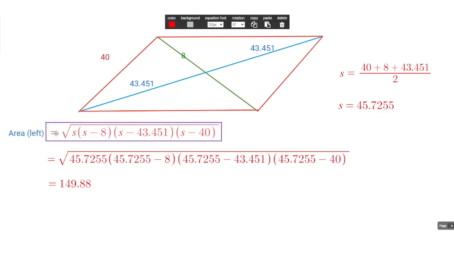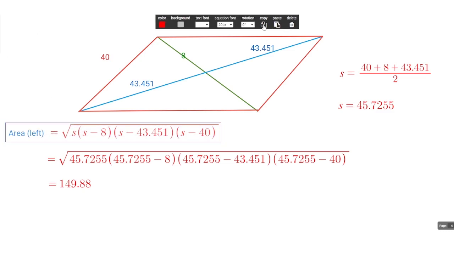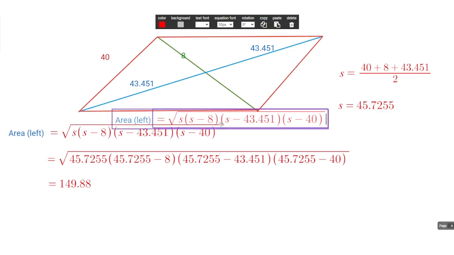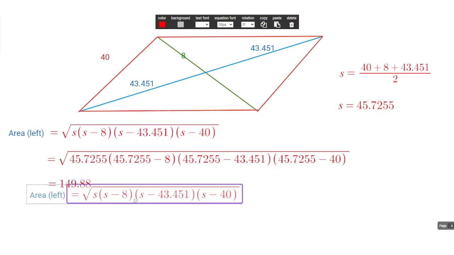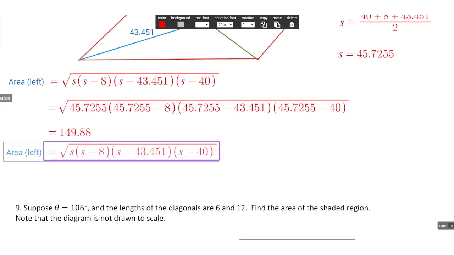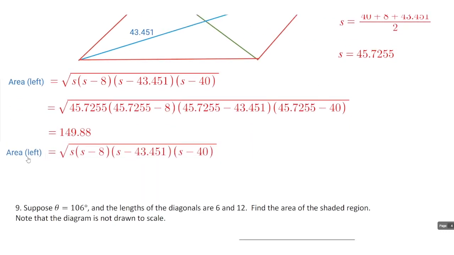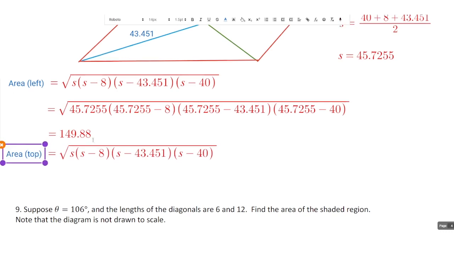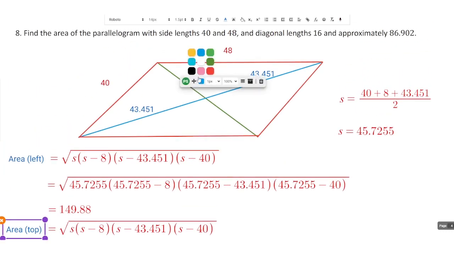Oh, it's not going to let me copy all that. I just didn't really want to type all this again. There we go. Okay, so now we're going to find the area of the top triangle. The formula is just about the same.